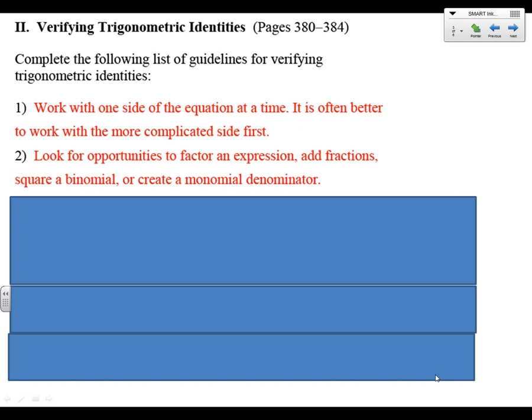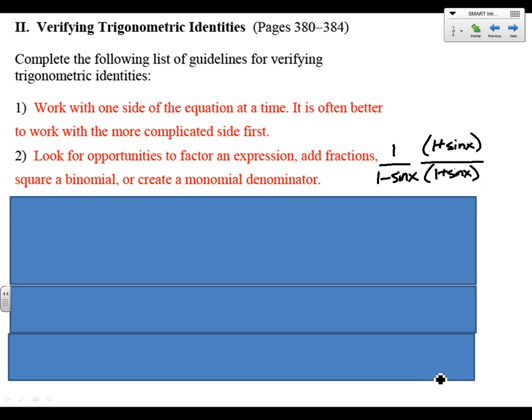What that means is that if you have 1 over 1 minus sine x, the denominator right now is not monomial, it's binomial. There's two terms, two parts to it. What we could do is multiply times 1 plus sine x over 1 plus sine x.